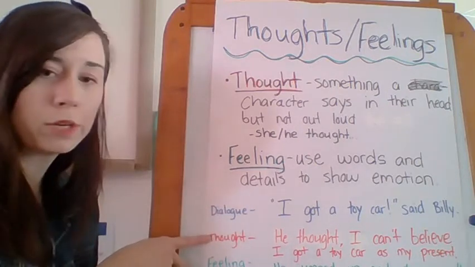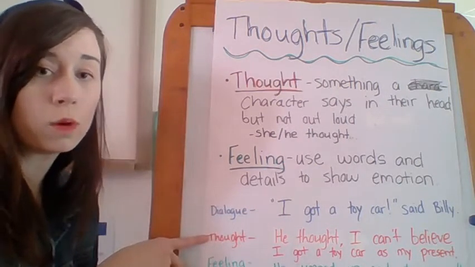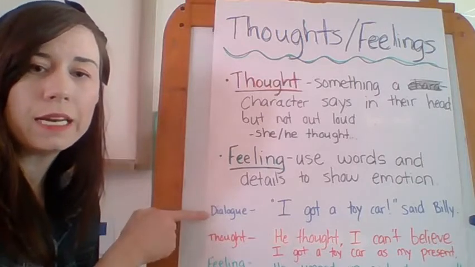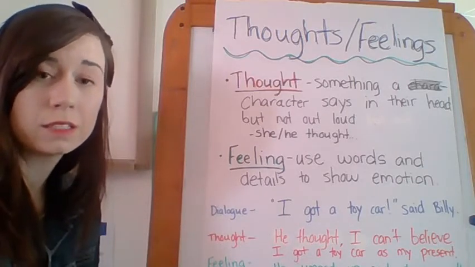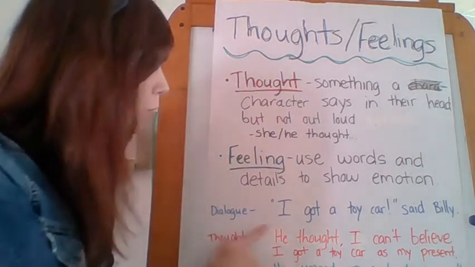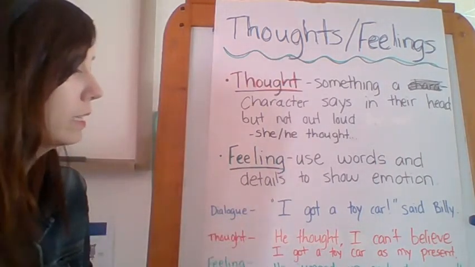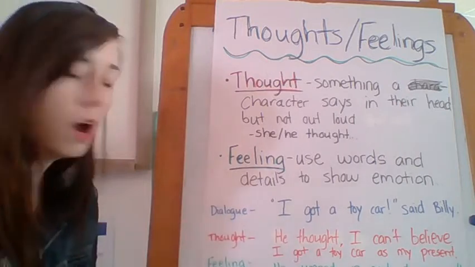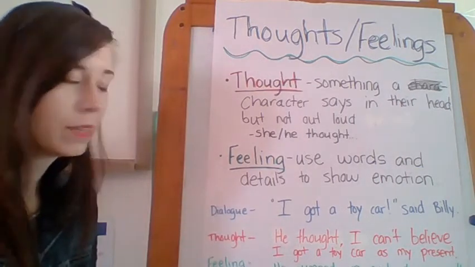So just remember that if you want to add one or both of these, add it near a dialogue. So add it near a character talking. So here is my dialogue. It says, "I got a toy car," said Billy.